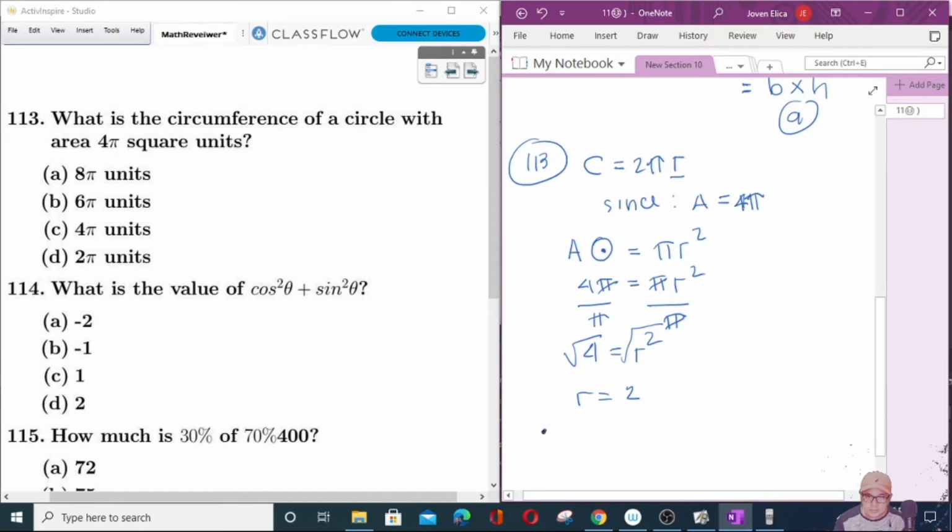So therefore, the circumference is equal to 2 pi multiplied by the value of r, which is 2. The circumference is equal to 4 pi, which is letter C.